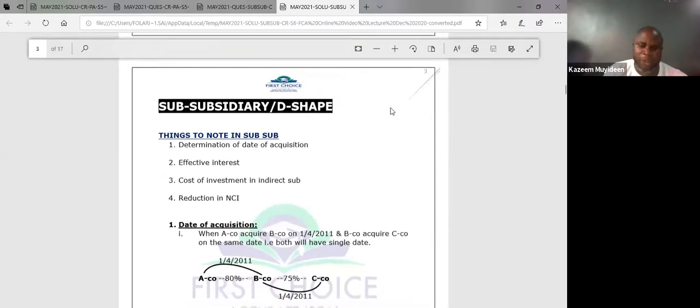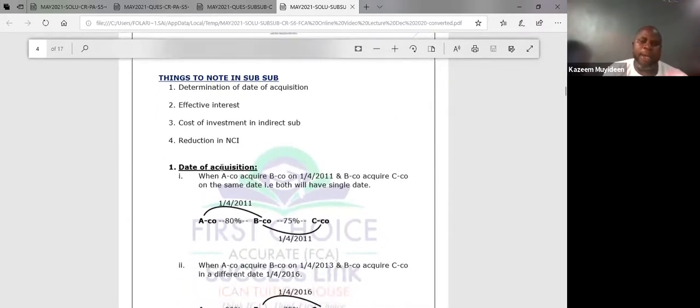The difference is that A acquires BICO, BICO acquires SICO. ACO will now have a direct investment again. It has both indirect and direct investment, which is an indirect subsidiary. That is the difference between the two.